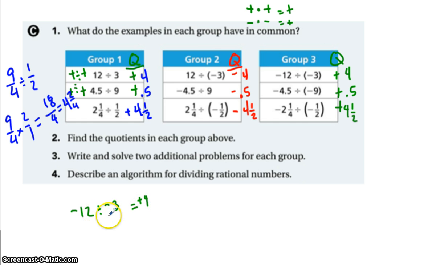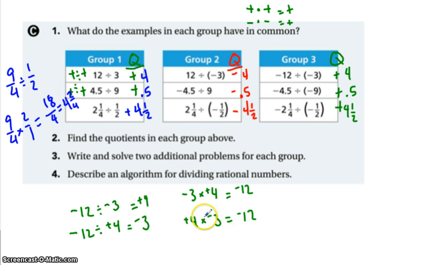Okay, and we're going to write the other fact families. So that other fact family would be a negative 12 divided by a positive 4 would equal a negative 3. And then we'd have a negative 3 times a positive 4 equals a negative 12. And a positive 4 times a negative 3 equals negative 12. Positive times a negative equals negative.